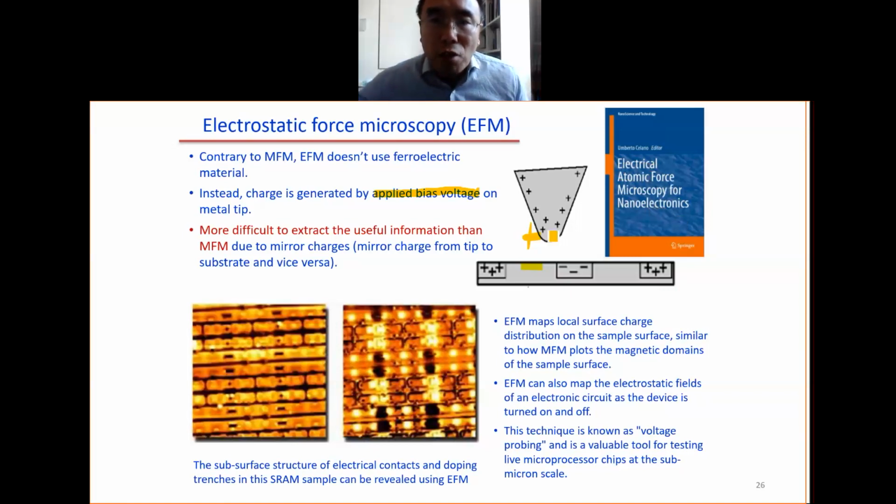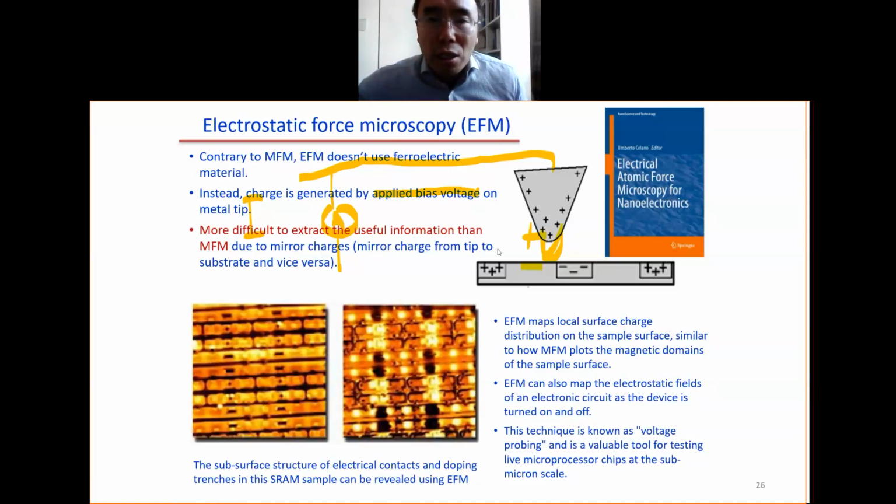You can also make contact. If you make the tip contact the surface, you can measure the current. You put the ampere meter here, and you can measure the current. This is how you can measure the resistance. This is called spreading resistance measurement.